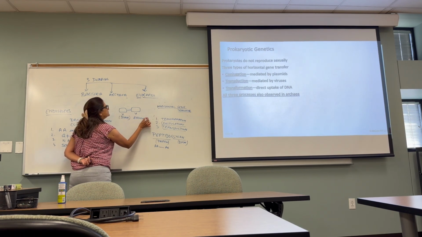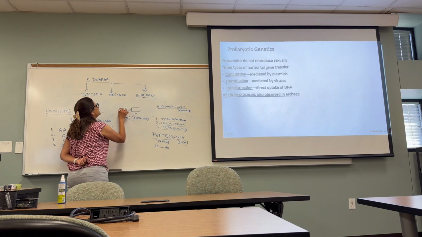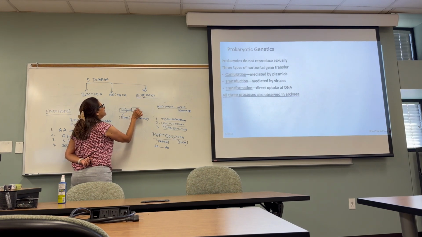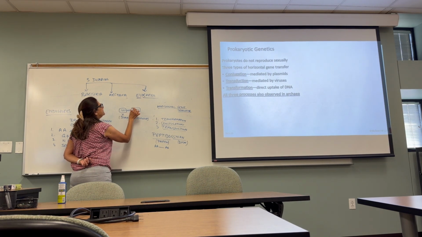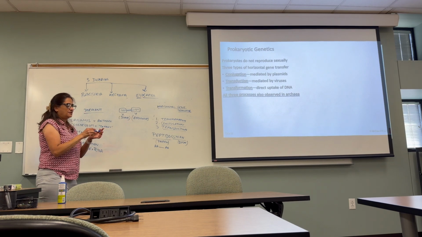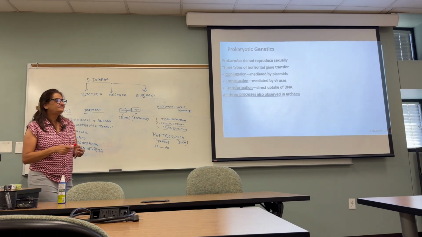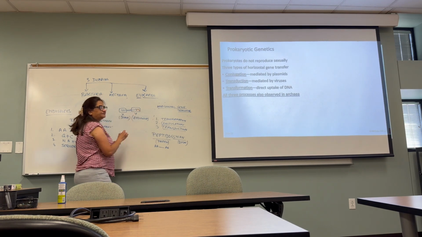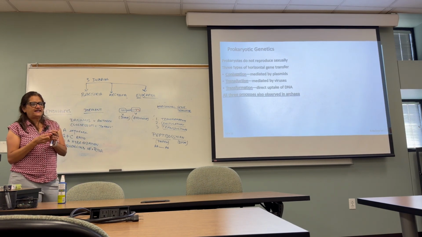It will receive that DNA. This DNA is going to travel through the pilus, and it already has its own, but it's going to get some of the bacterial chromosome. Make sense?